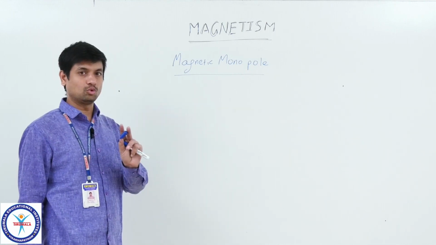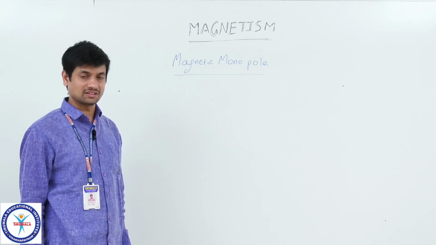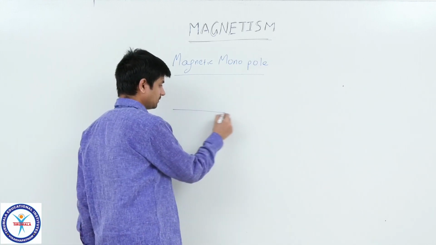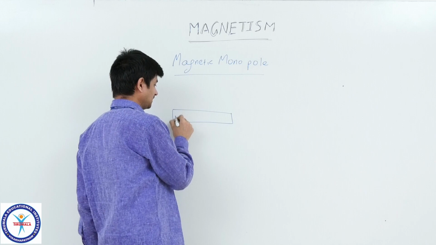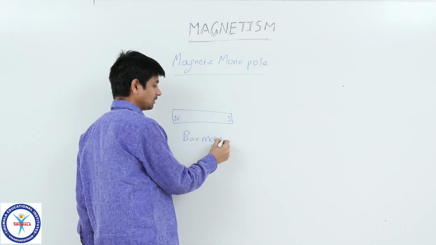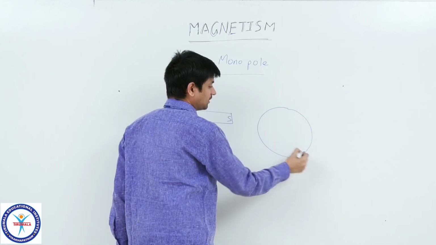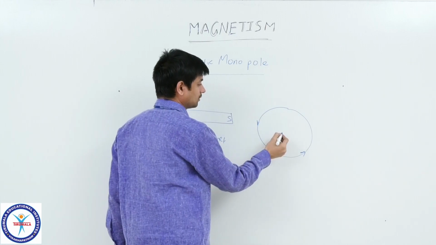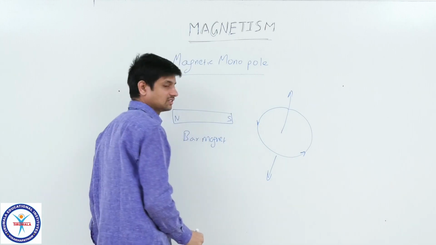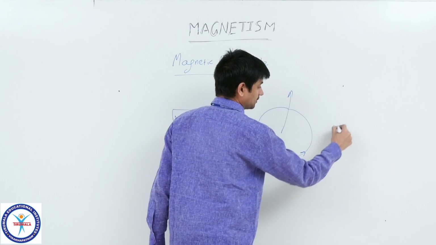Everything will have two types of polarities, one is north, one is south. If there is one pole, what will happen? Look at this, we have magnetic materials like this bar magnet, circular current loop and solenoid.